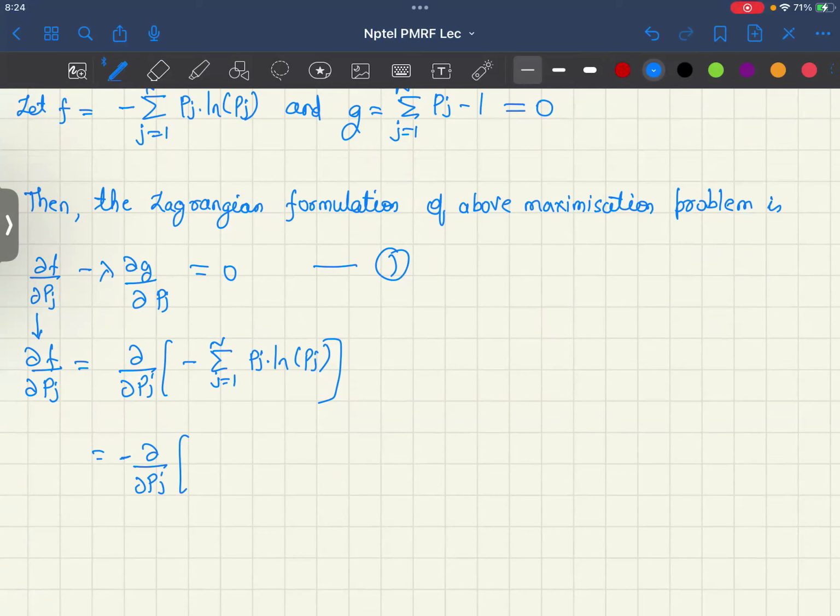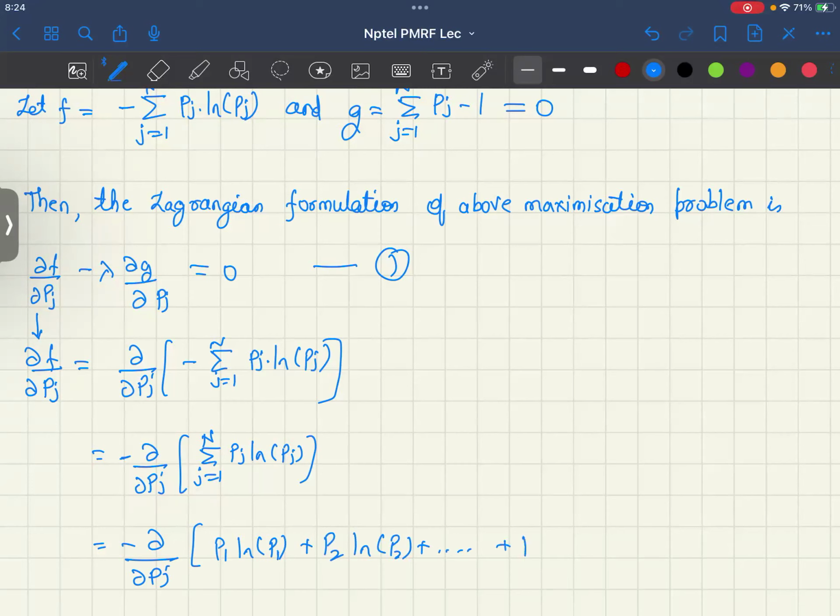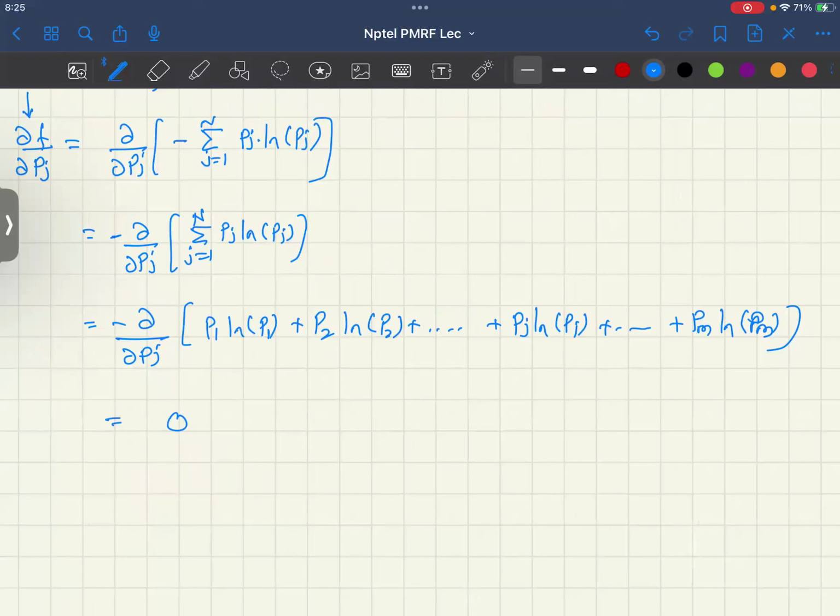We can take the minus out, so it is minus ∂/∂pj of p1 ln p1 plus p2 ln p2 plus up to pj ln pj plus up to pn ln pn. This is nothing but 0 plus 0 plus, because all others except one are constant, so they will be 0.